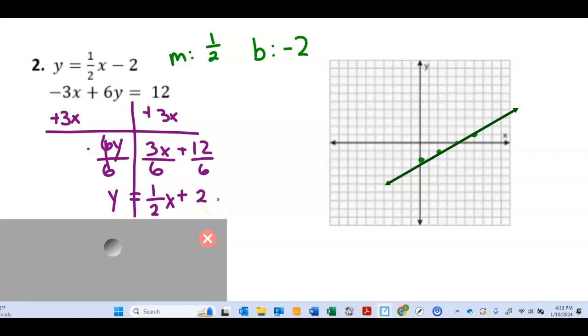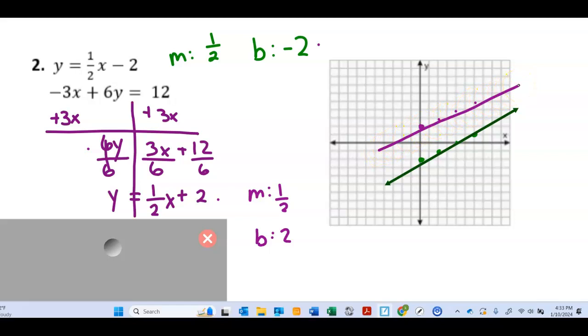Notice they're the same. Almost, but not quite, right? They're the same slope. So if I go up to 2, and now I do my slope, because my m here is 1/2, and my b here is 2, now I'm going to go up 1 over 2, up 1 over 2, up 1 over 2. What's going to be true about these two lines?